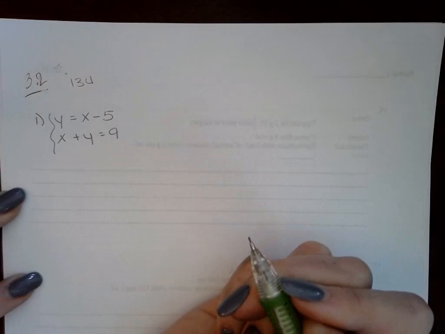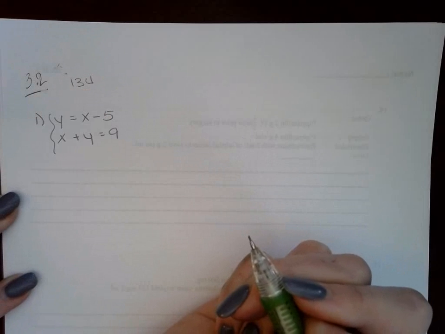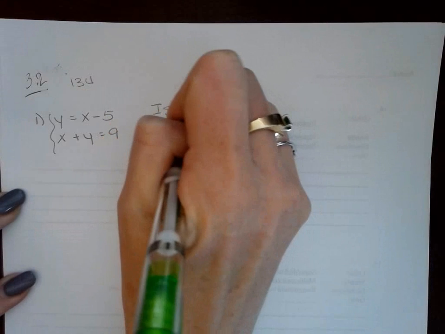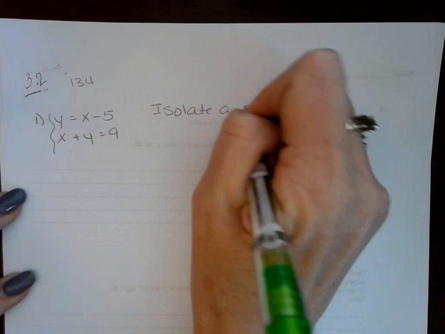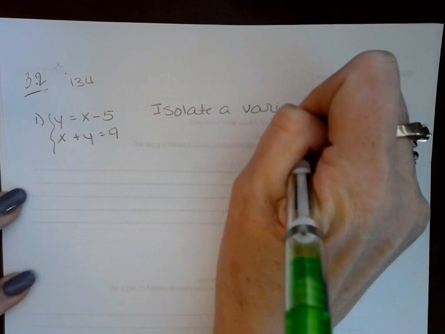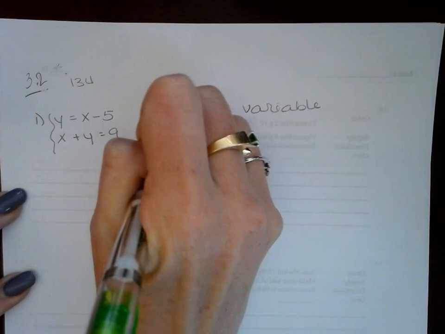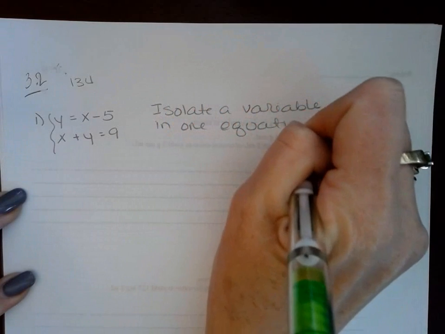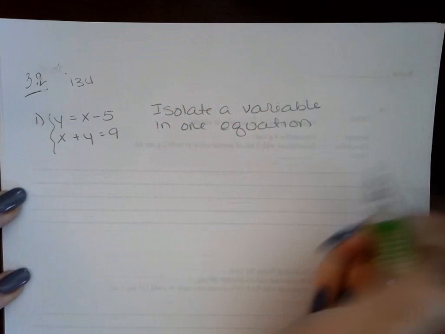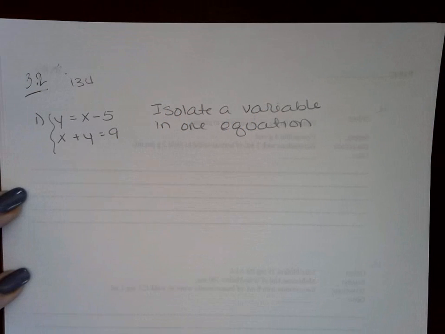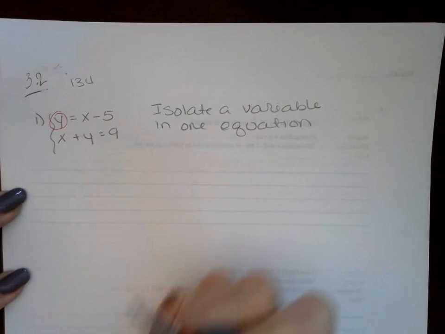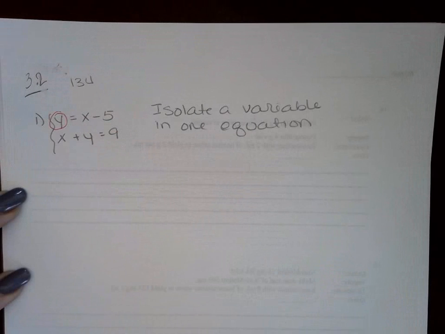We're solving by substitution, which means we want to isolate one variable in one equation so that we can substitute into the other equation. Right here we see that we have a variable that's already isolated.